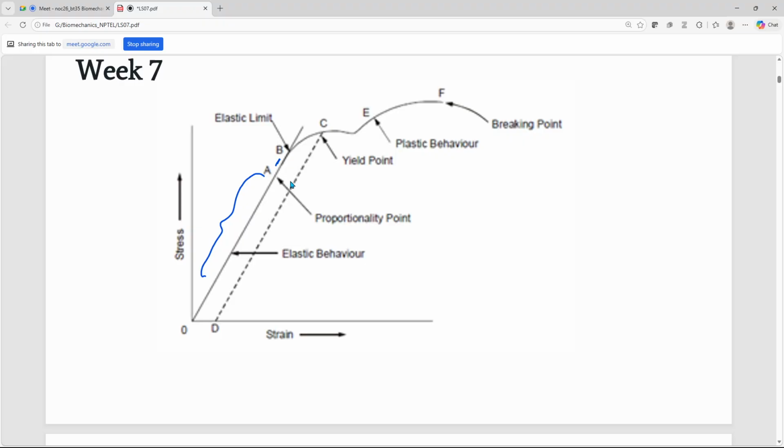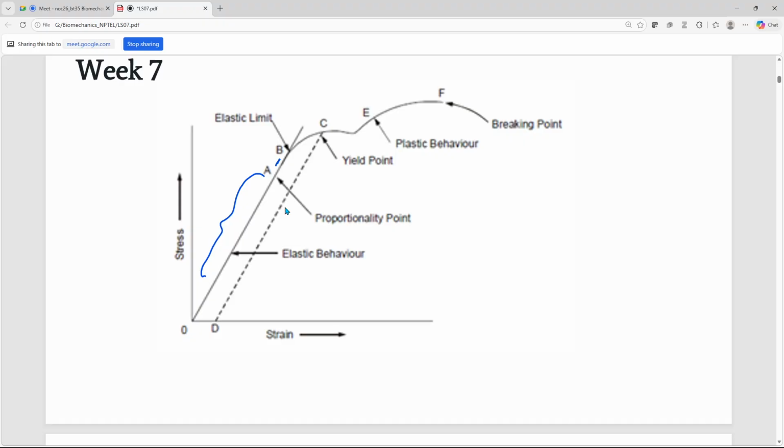If we continuously load beyond the proportionality point, the strain won't be proportional to stress, but it will still be elastic. But after the elastic limit, it will start to deform.